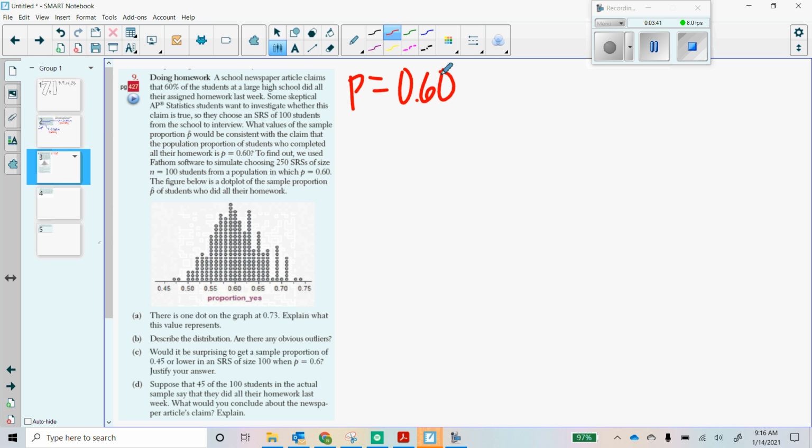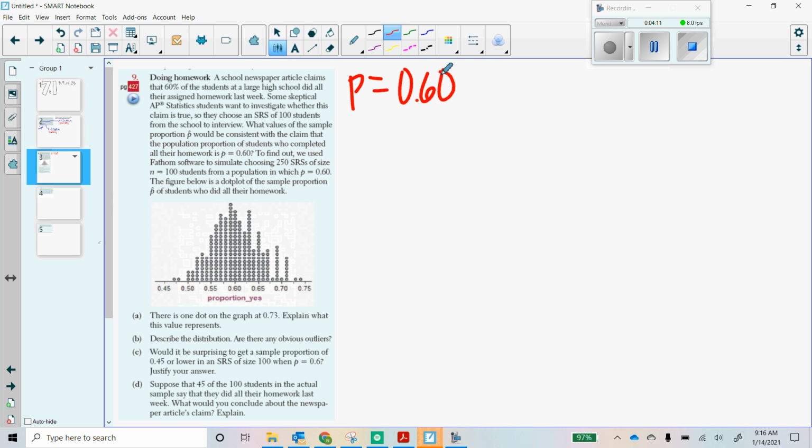To find out, we used Fathom software to simulate choosing 250 simple random samples of size n equals 100 students from a population in which p equals 0.6. So basically they did a simulation. They set it up from the beginning where p was equal to 0.6, and they chose 100 students, and out of that 100 they determined how many did their homework or not.